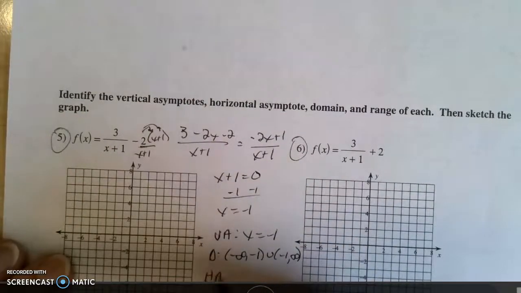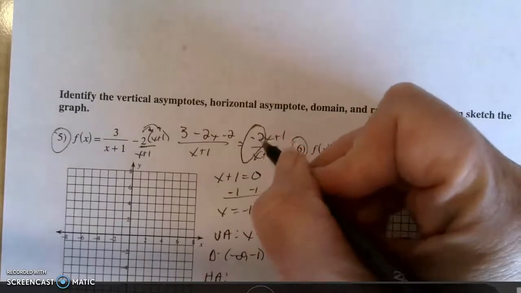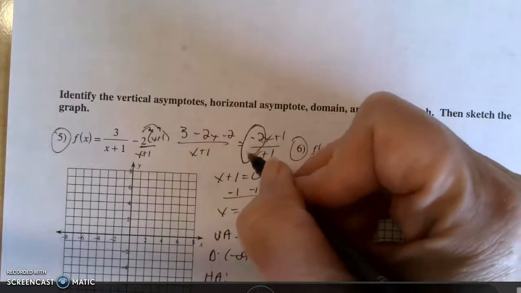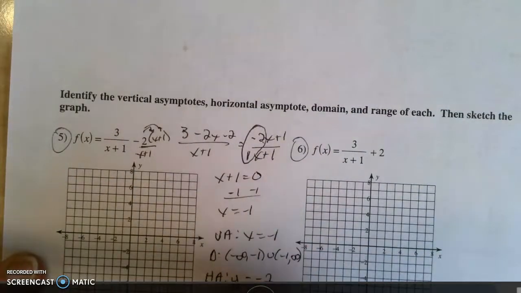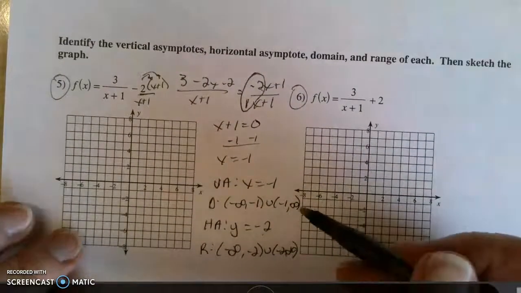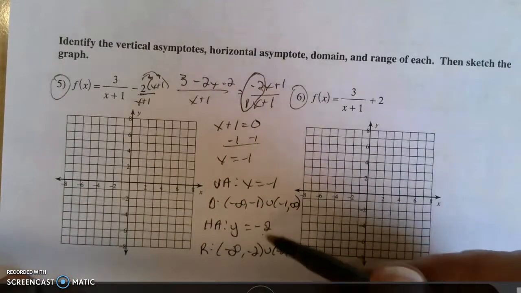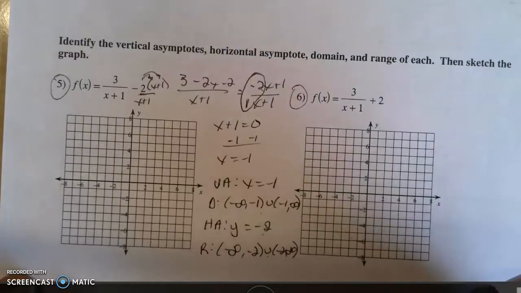Now I'm going to get my horizontal asymptote. So I take a look at what's in front of my x's, which is -2 over 1. So y equals -2. I'm going to get my range. Stops at -2. You're starting to see some patterns here with your asymptotes and your range, and your asymptote and your domain. You should start to see.